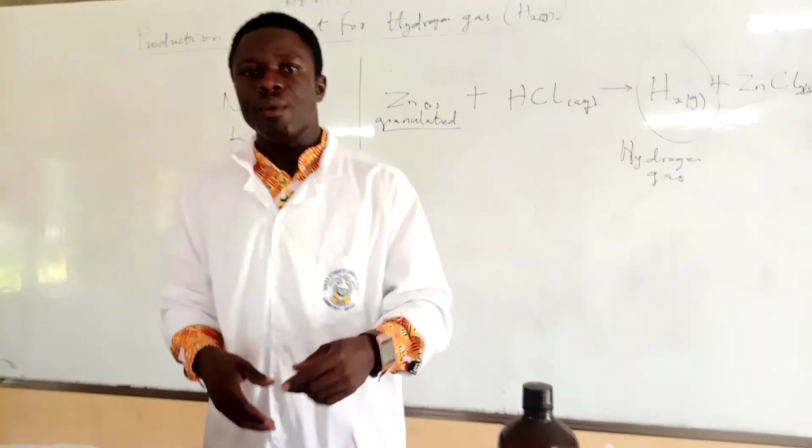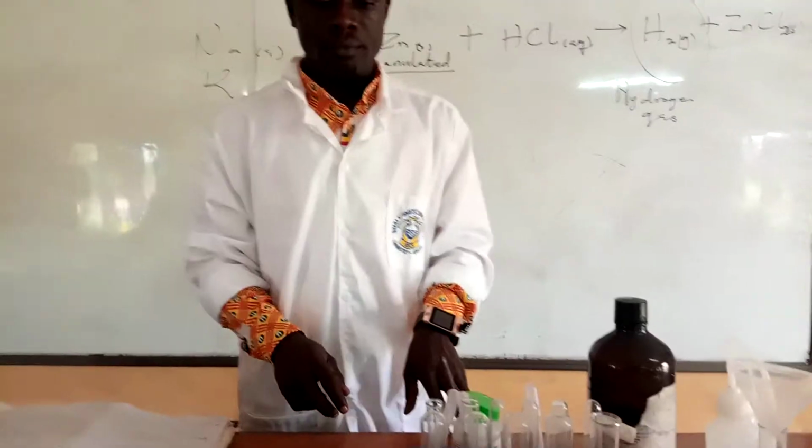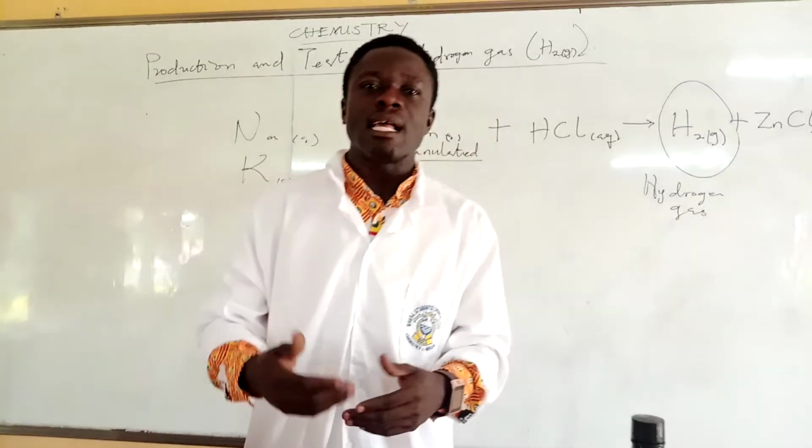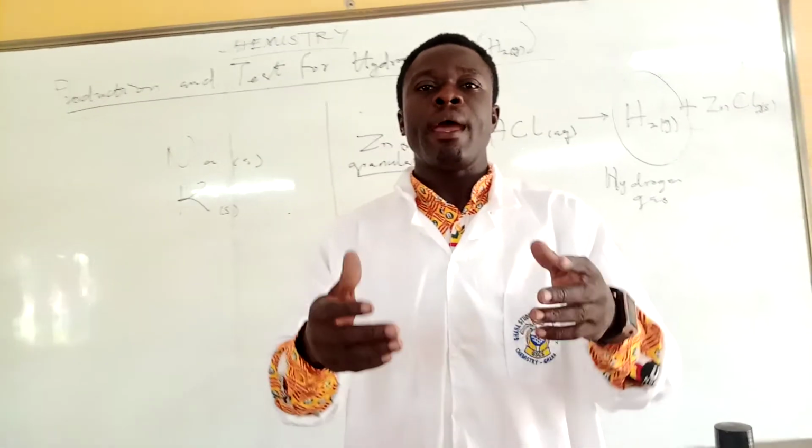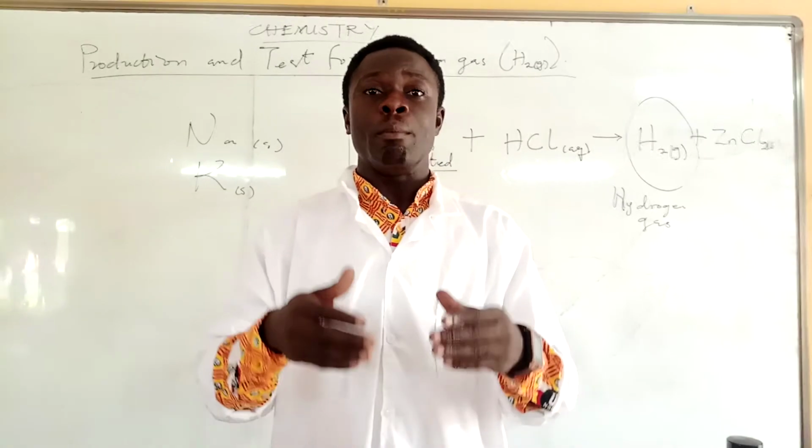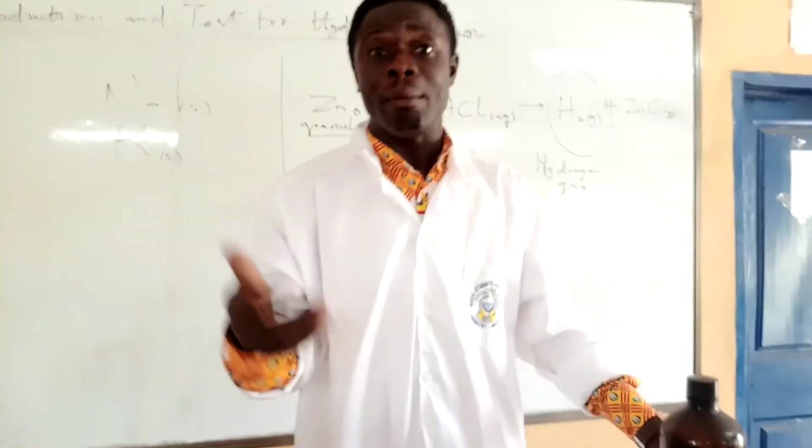Hydrogen gas can also be used to prepare ammonia. That is using the Haber process, the Born-Haber process.